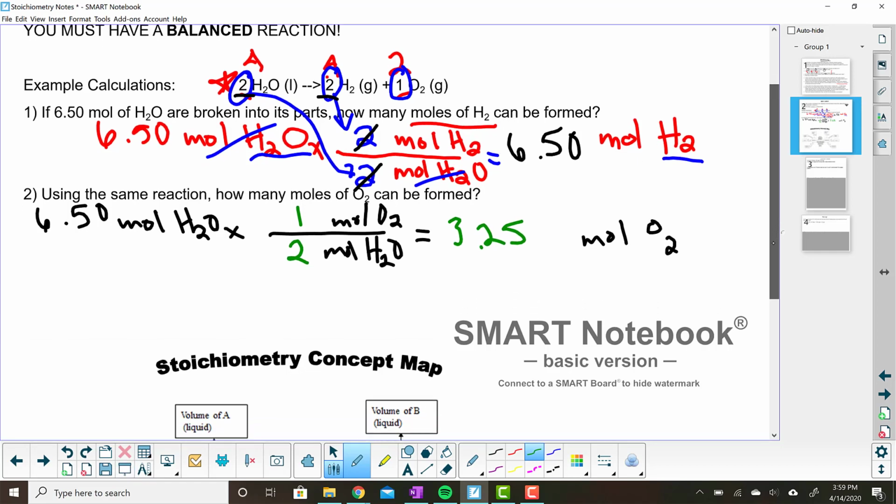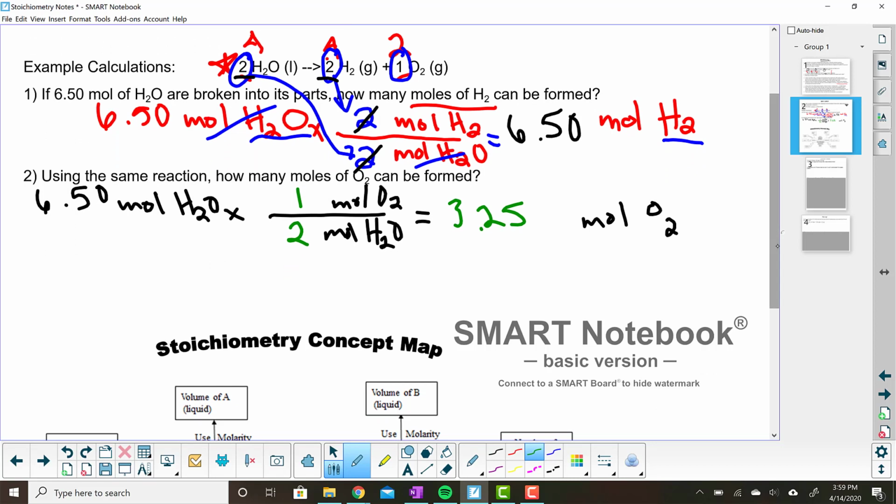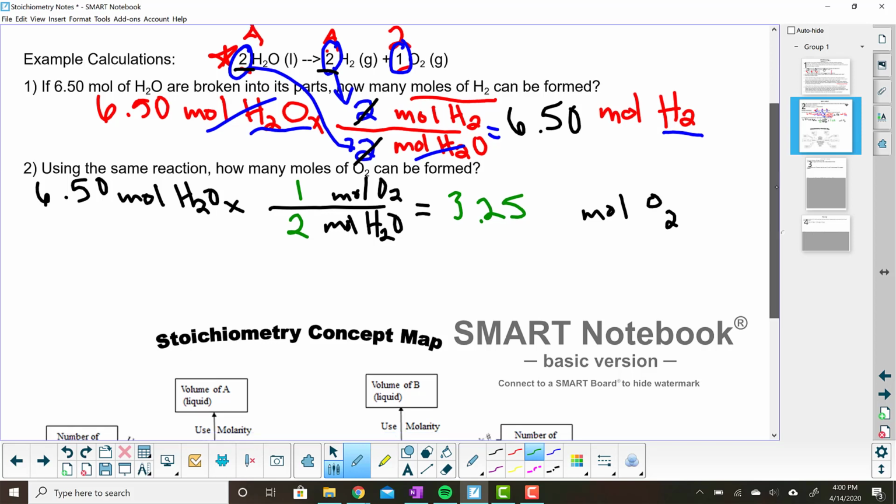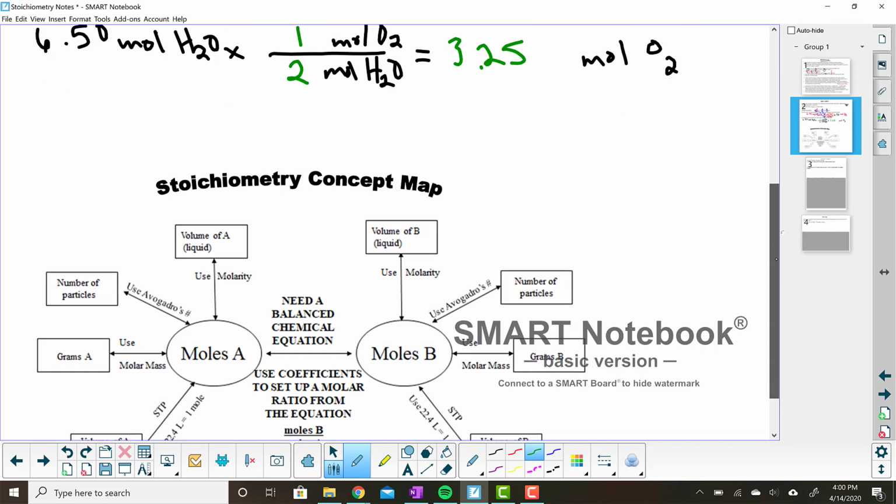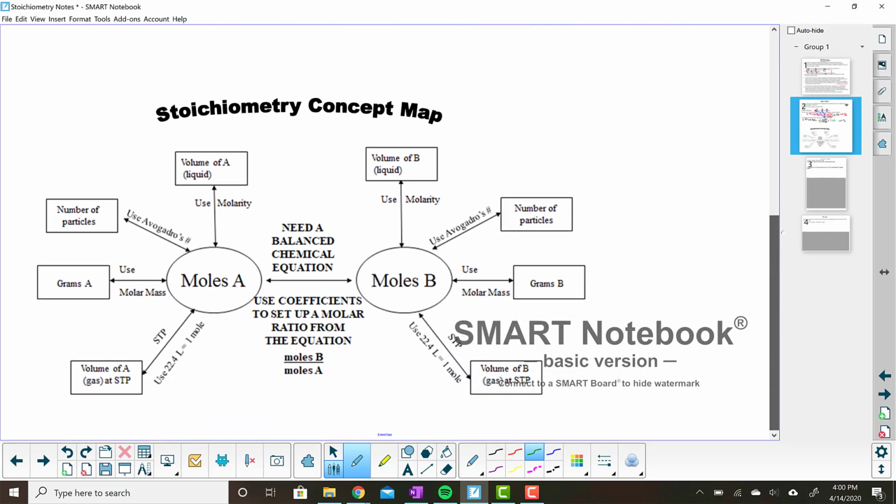I want you to go ahead and get out your top 10 handout with the mole conversions that we were using last time. In the last couple of videos, we only looked at the front. Now I want to look at the back. This stoichiometry concept map shows how everything plays together.